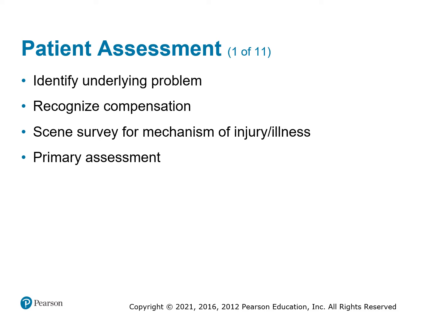But use the tools that you have in front of you, survey for that mechanism, and then move into your primary assessment. That portion of the assessment that just takes a few seconds, and use all of those tools to help determine, as far as ABCs, AVPU, those components are going to be critical in determining just how far into shock your patient could be.